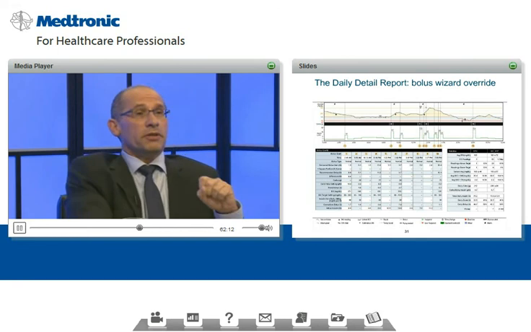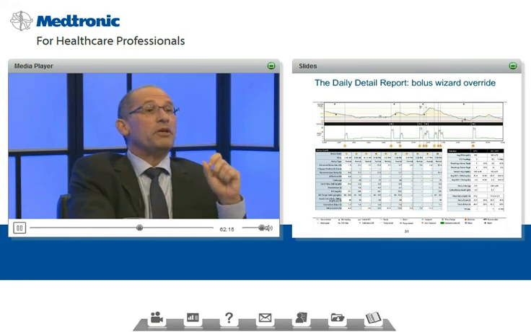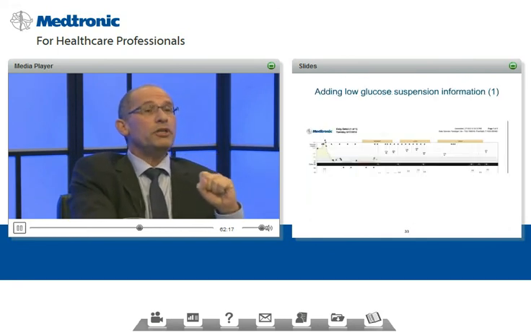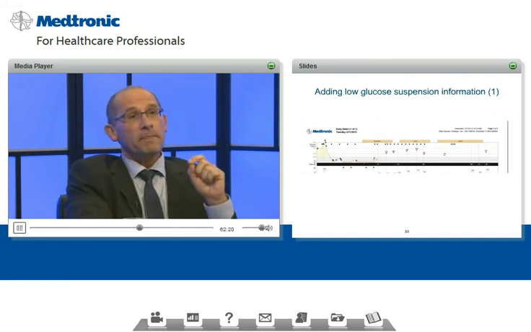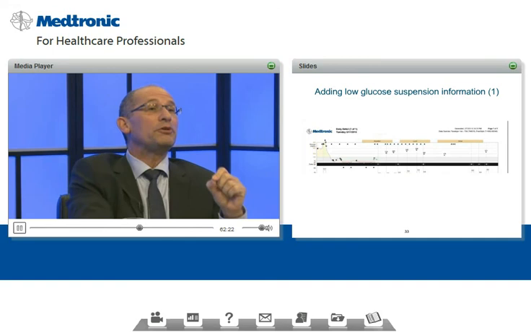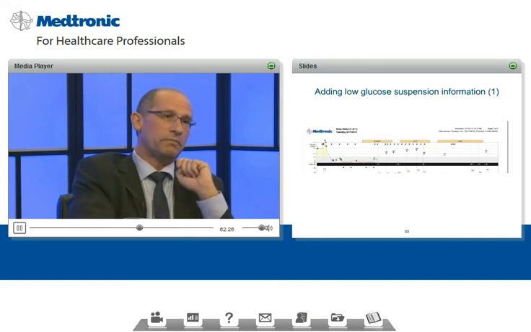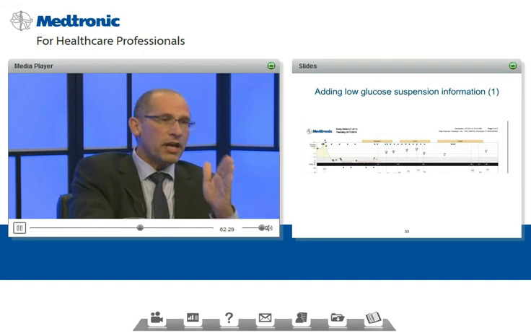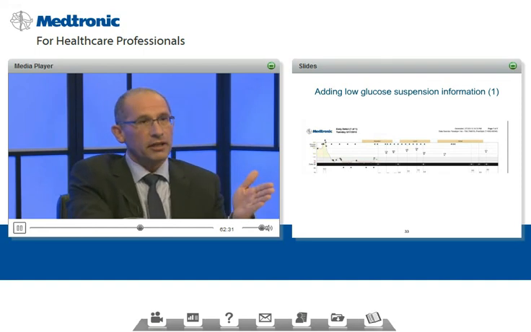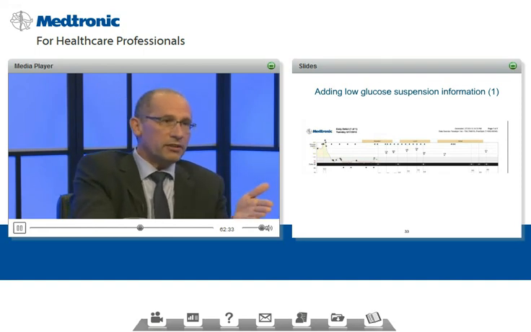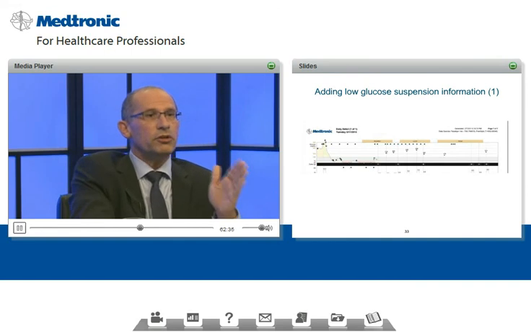The low glucose suspension that was mentioned before, a very important tool. And we use it to show our patients how important it is for them, and now to make sure that they are not abusing this information. And I'll show you, and I'll try to explain what I mean. In this case, the patient had a binge of eating during the night, and he even drank at that time, and he bolused 10 units of insulin at that specific time.